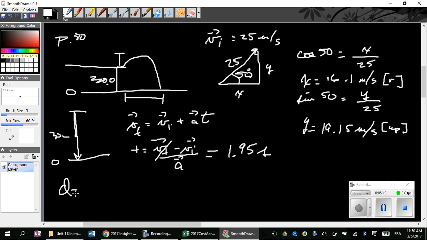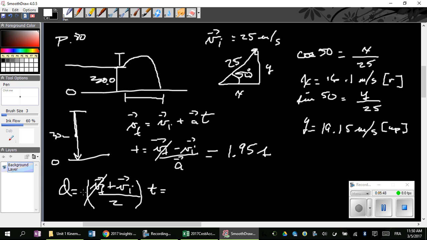Okay, so D is V final, which is 0, plus V initial over 2, times T. You can drop all the deltas for those. I don't care for those. So V final is 0.